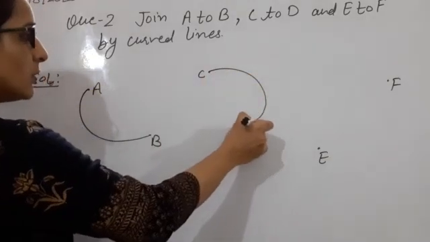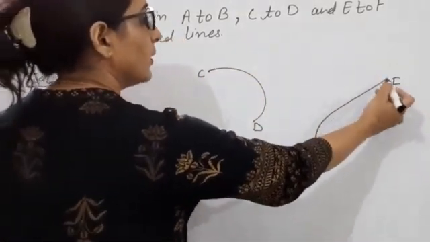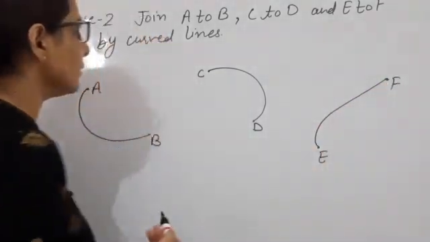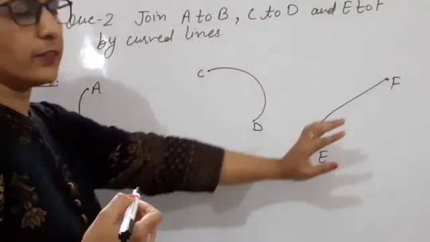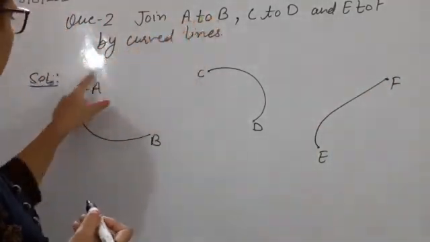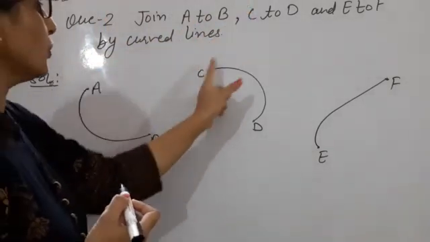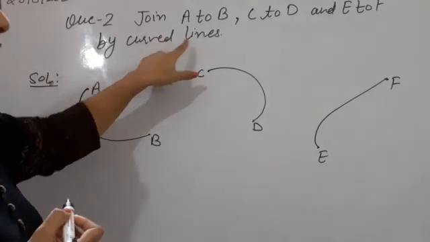C to D and E to F by moving the curved line. Clear? This is your question number 2. Join A to B, C to D and E to F by curved lines.